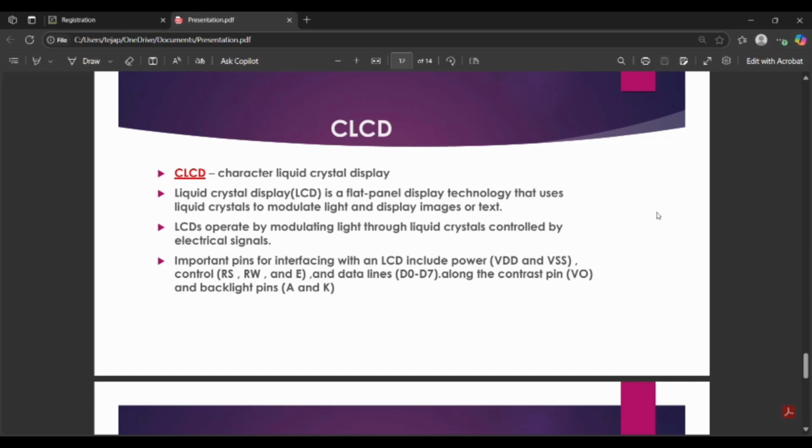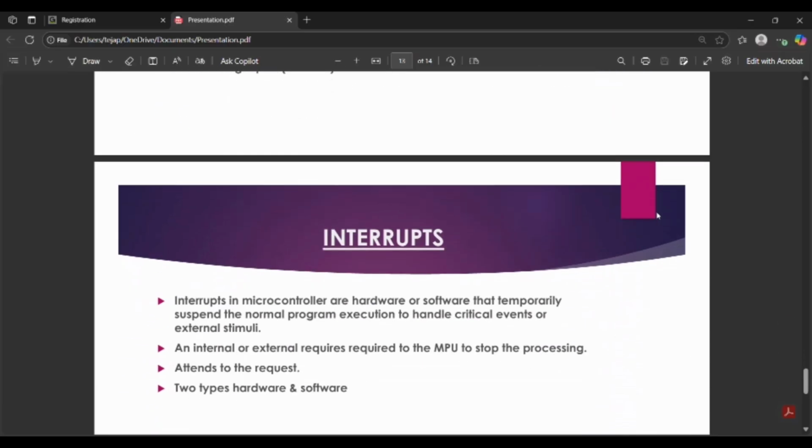VDD is connected to the upper part. The control pins are RS, RW, and E, and the data lines are D0 to D7, so we have 8 data lines. Along with the contrast pin V output and the backlight pins A and K.